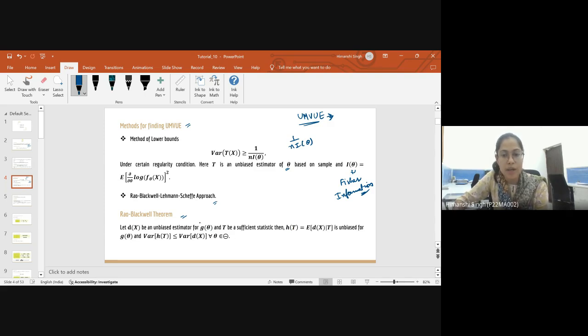So I construct h(T), a function of the sufficient statistic, which equals the expected value of d(x) given T. This is again a function of T. This is again unbiased for g(theta), and the variance of h(T), the newly constructed estimator, will be less than or equal to the variance of d(x).